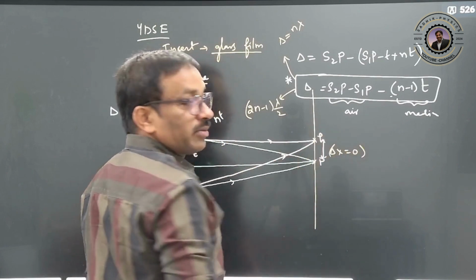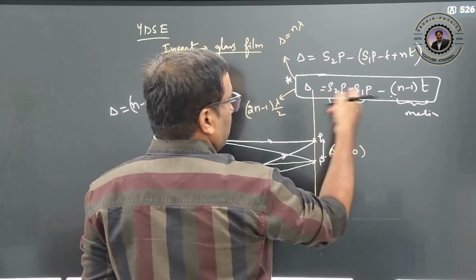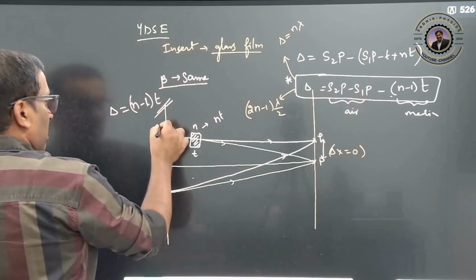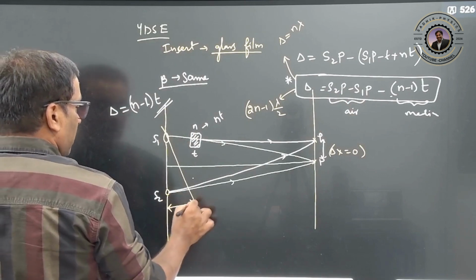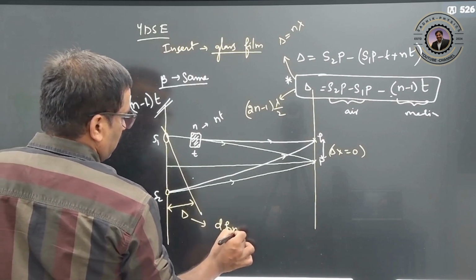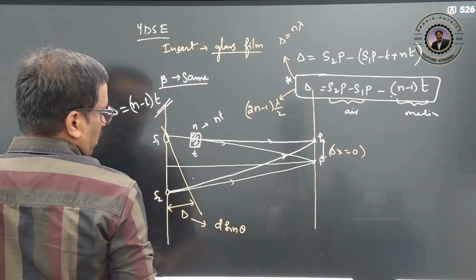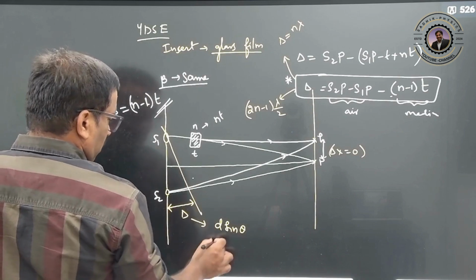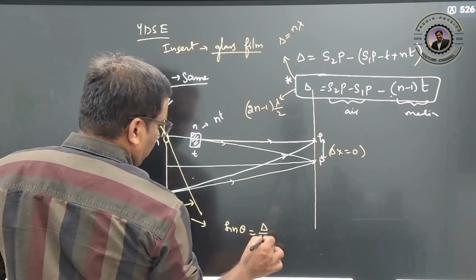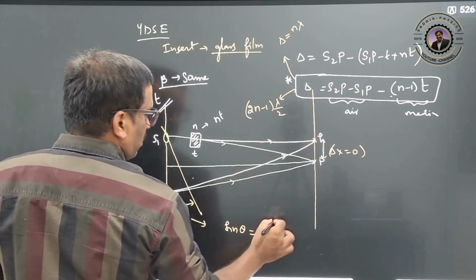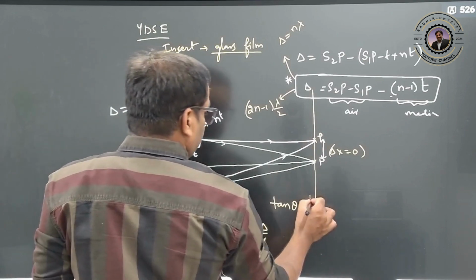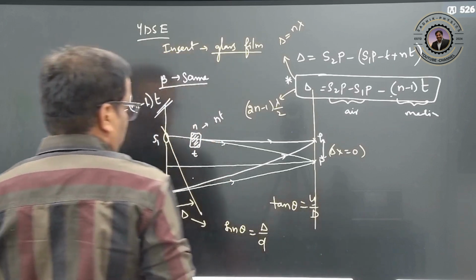Due to the air, it will be a delta, and delta can be written as d sine theta, so sine theta equals delta by d, or in terms of tan theta, it equals y by d.